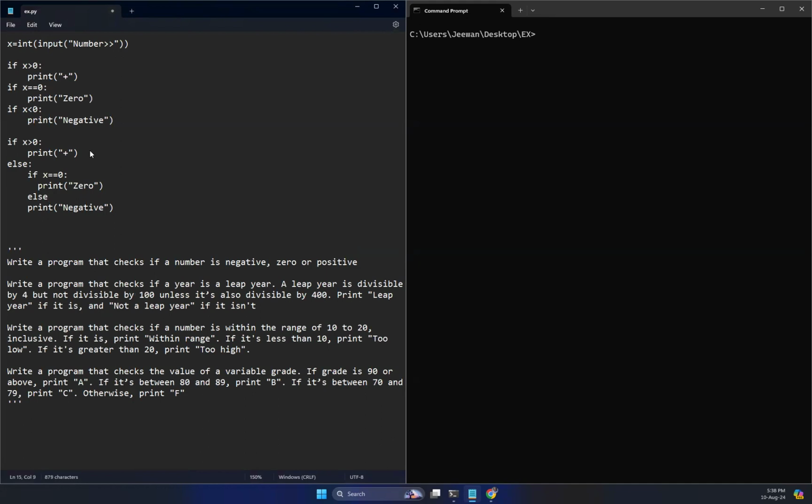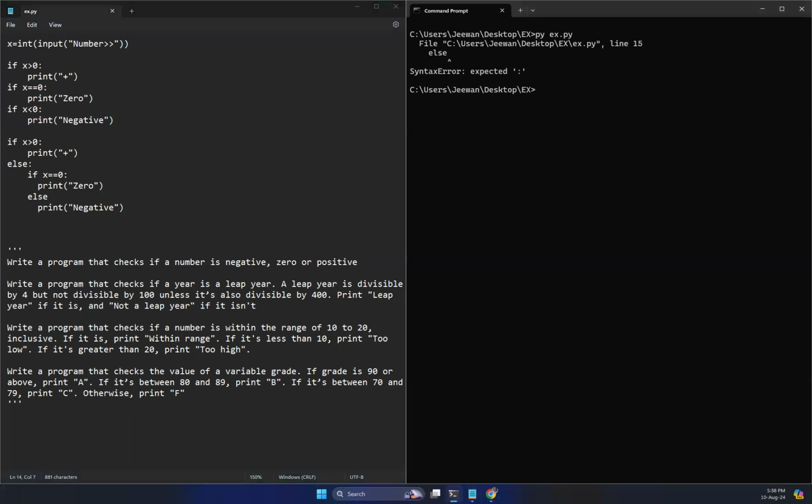I could do like this else. Right now, what does it say? You're missing a colon. Yes, else. Line number 15. Yes. Right now, if it is 1, it says positive.